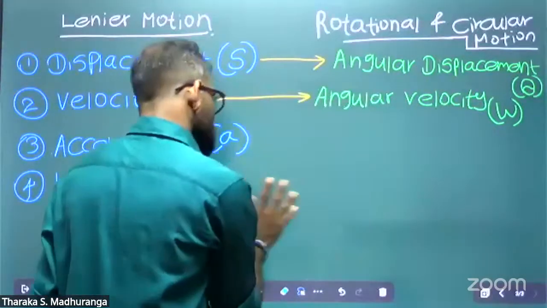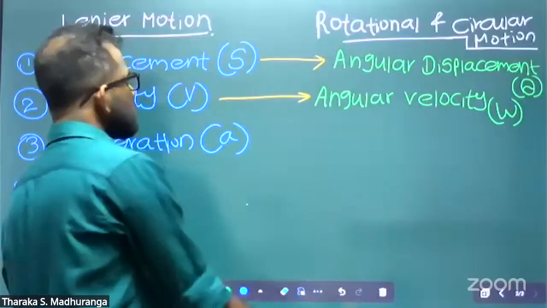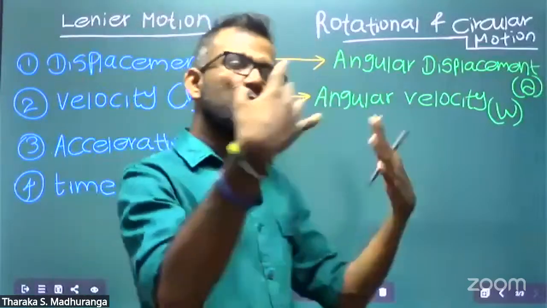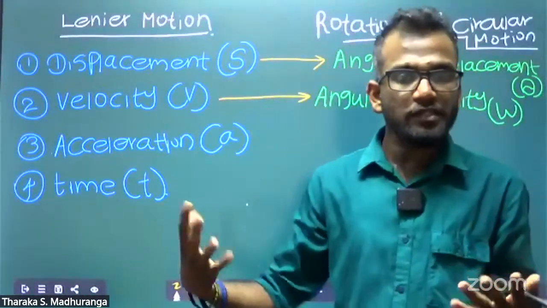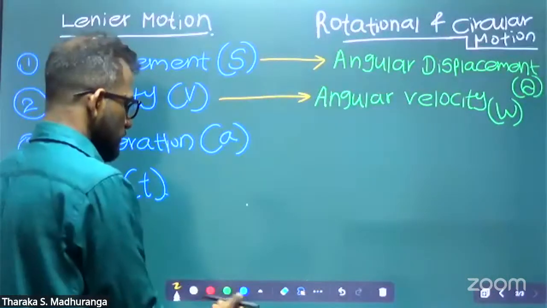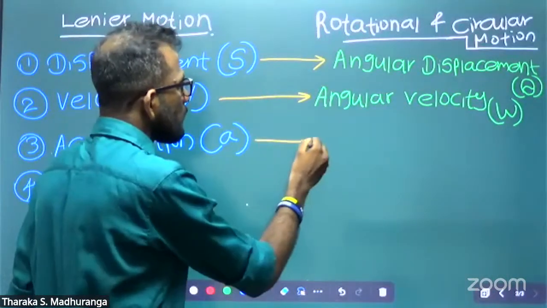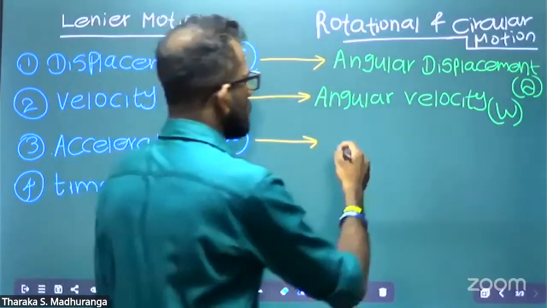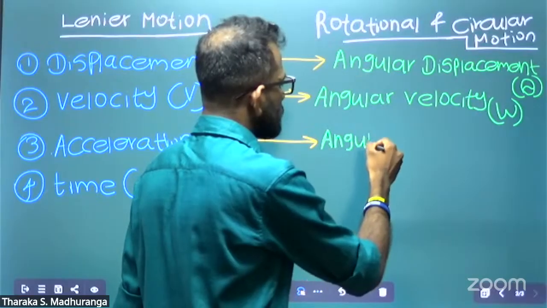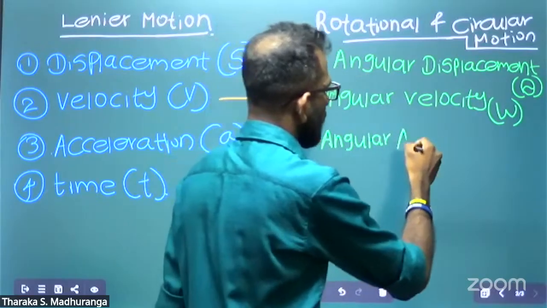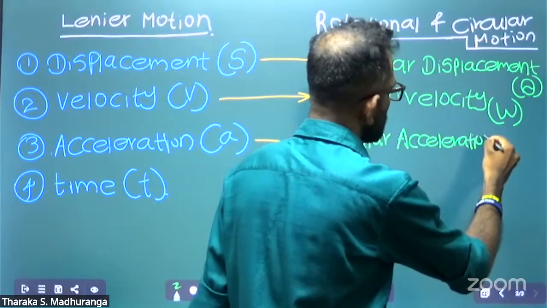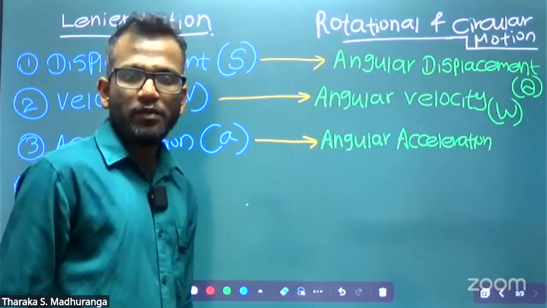If we go to acceleration, if we can't get velocity or displacement, it's impossible to get acceleration in rotational motion. Therefore, I change that into a new form, angular acceleration.